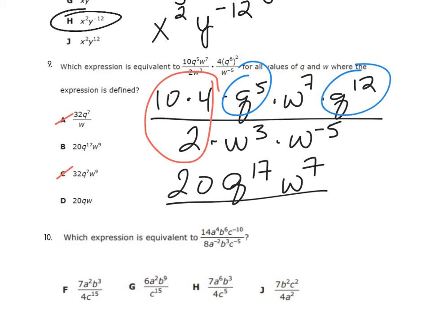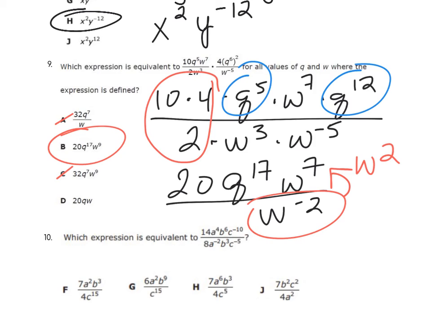In the denominator, I'm going to add those together. w to the 3rd times w to the -5th is w to the 3 plus -5, which is -2. So that's negative, so that's going to flip it to the numerator, w squared, and 7 plus 2 is 9. So that is our correct answer. Because now that that's in the numerator, I'm multiplying the w's together, so I'm adding the exponents.